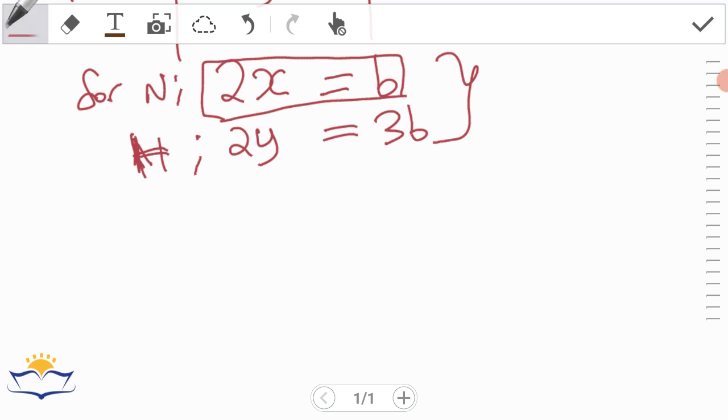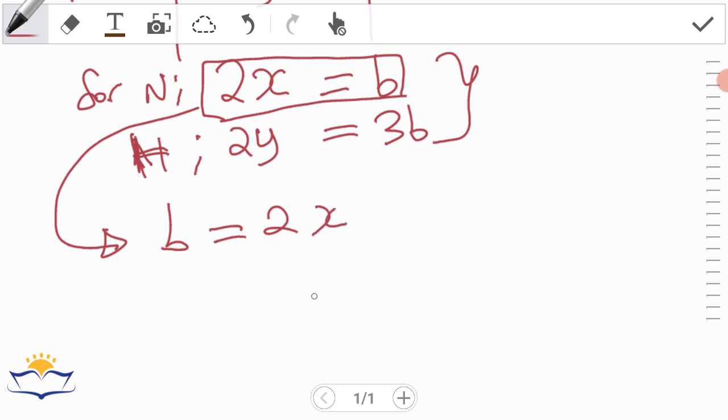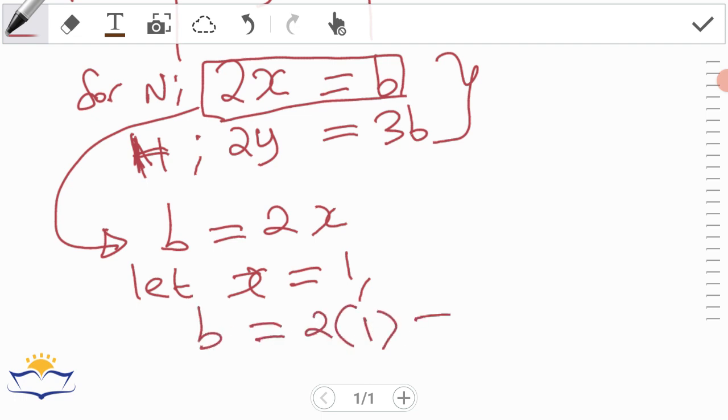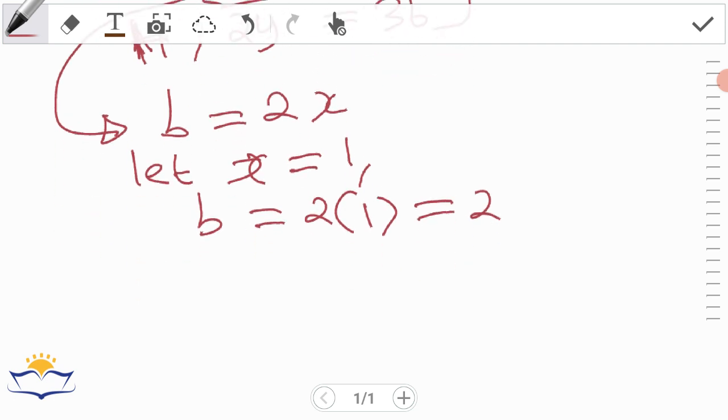Pachifukwa ichi tisankha for example uyu, B equals 2X. Before ziphwekesera ntchito umangotenga let X equals 1. So when X equals 1, then B becomes 2 times 1, kapena kuti 2 basi.